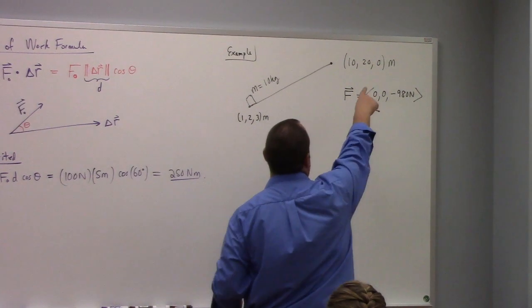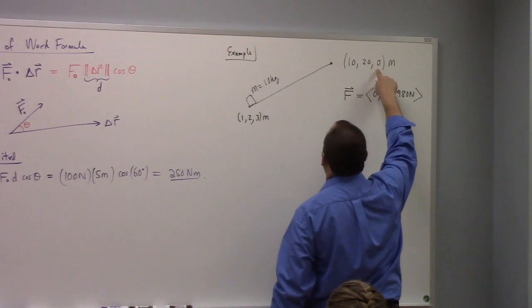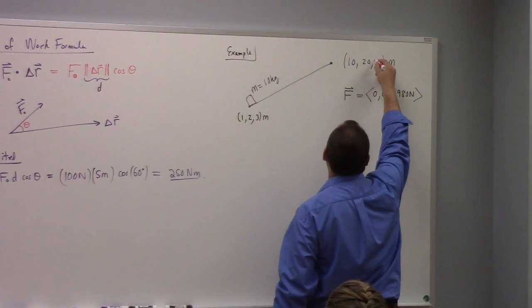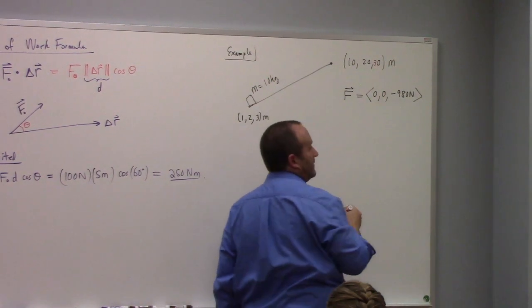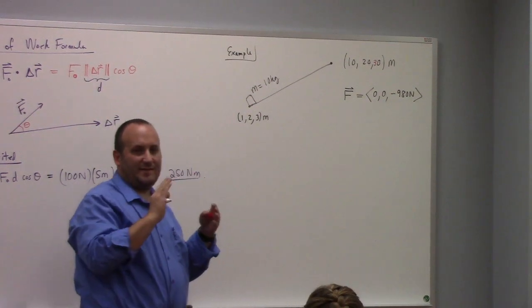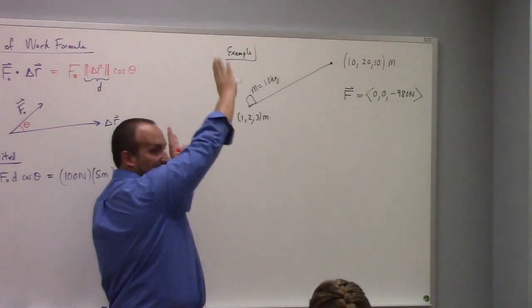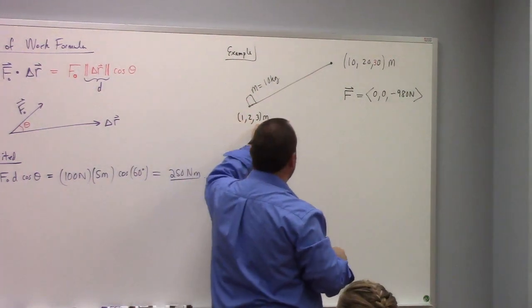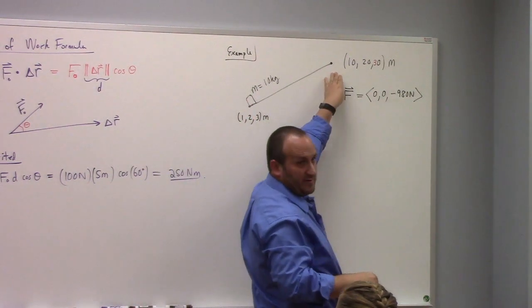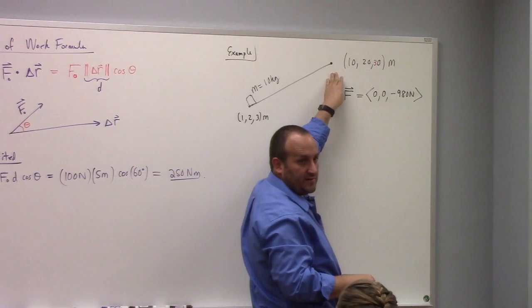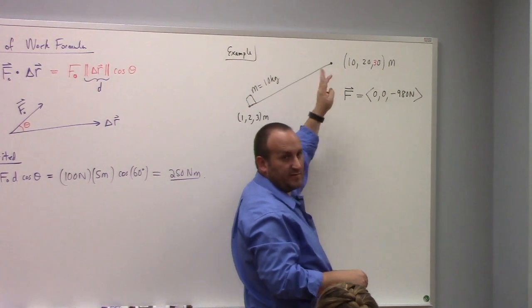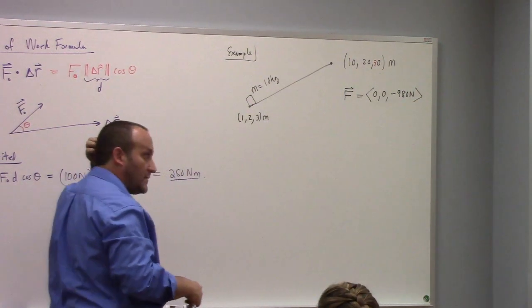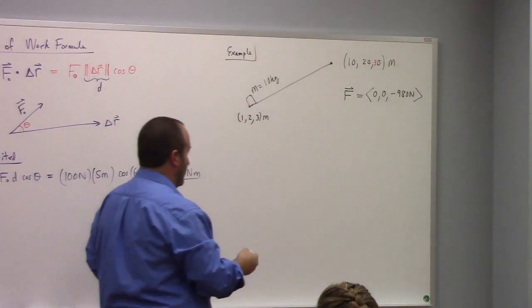Instead of putting 0 over here, let's make that 30. Then we can picture z as being the vertical direction. So you're going from 3 meters in z up to 30 meters in z. How far have you gone up in the z direction? 27 meters. So what's the work done by gravity here?